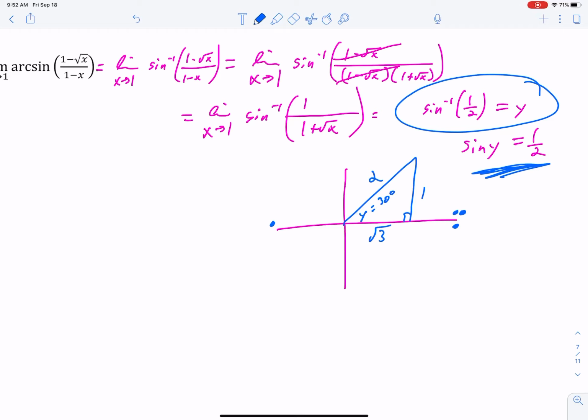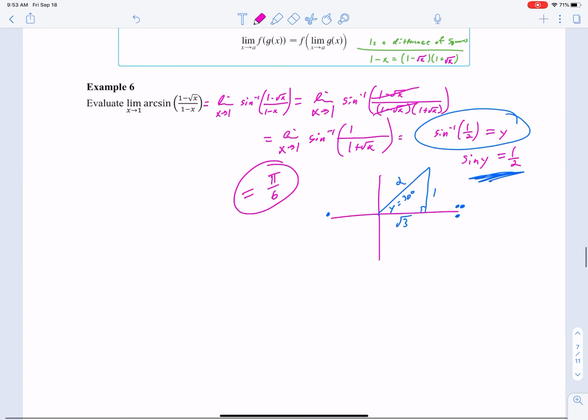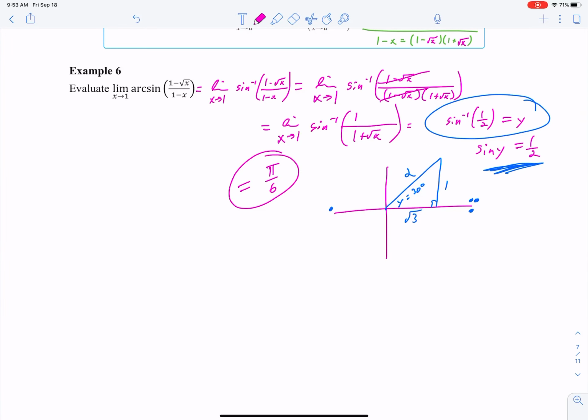But remember, we're in calculus now. We don't answer in degrees, we answer in radians. So 30 degrees is pi over 6. And there we go. A lot of work, huh? Again, you need to show this kind of work. Show me everything you got. Show me what you know so you get full credit. Okay?